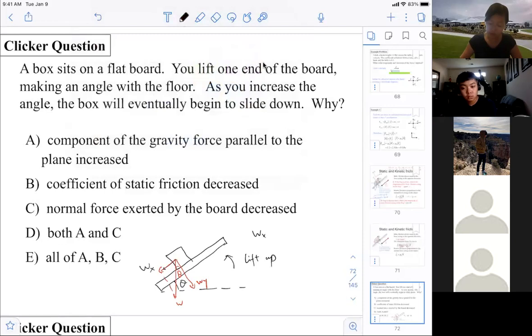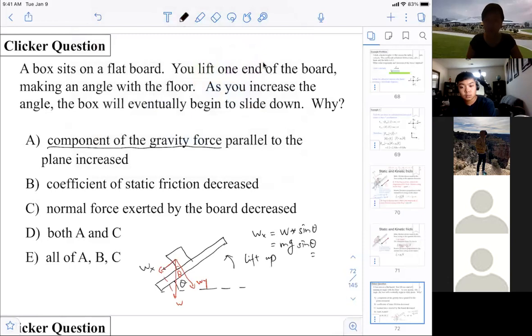So Wx is weight times sine theta, which is mg sine theta. As you increase the angle theta, what happens to this component?